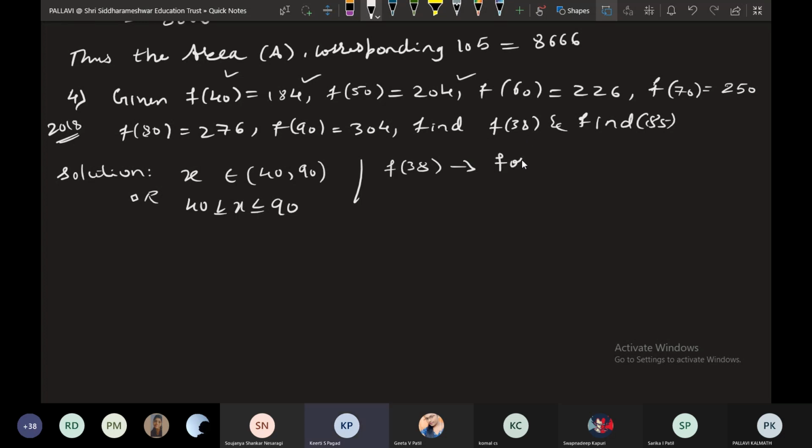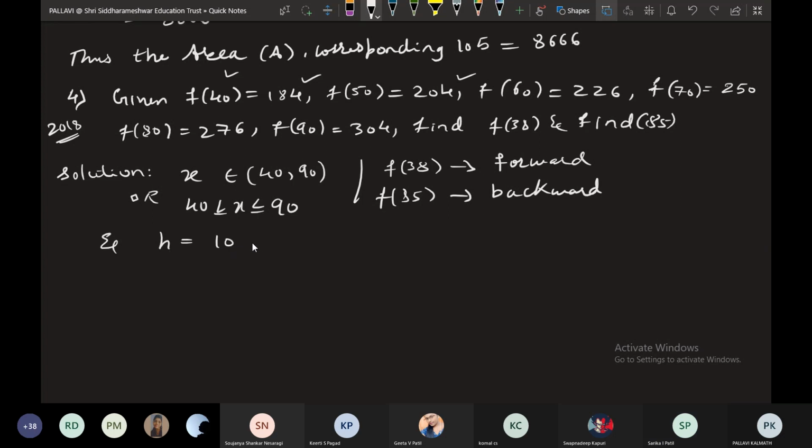Forward formula. Then for f of 85, backward formula. Then h will remain fixed, whether it is forward or backward. What is h? 10, because the difference between each value of x is 10, right?